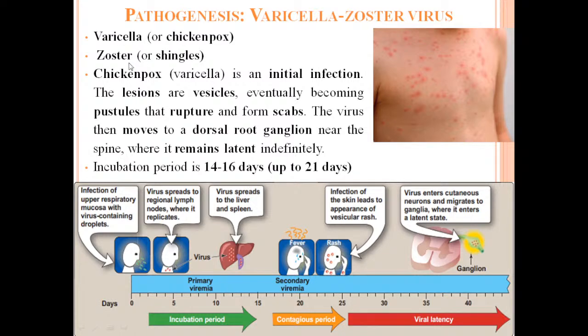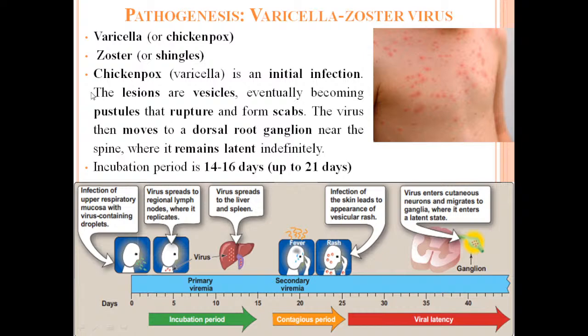And another one, a secondary infection, is zoster or shingles. What does it mean, primary or secondary infection? Chickenpox occurs in children, primarily in childhood, and then in adulthood any person who was infected with chickenpox in childhood may develop shingles.